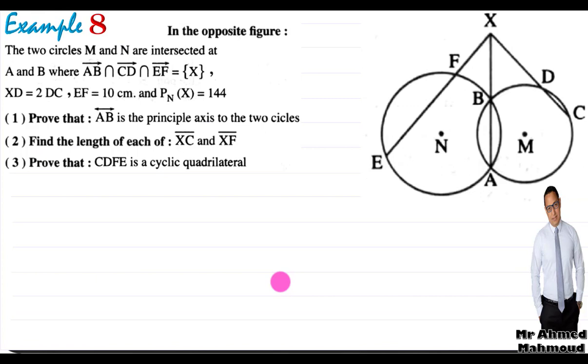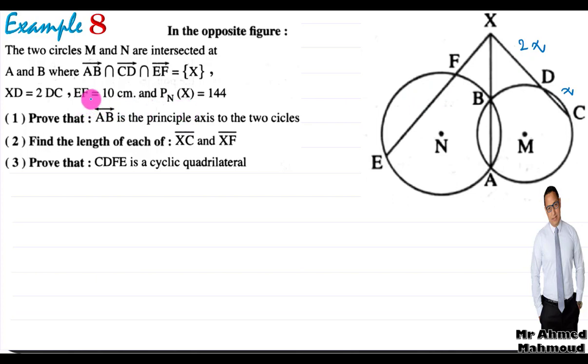In this example, two circles M and N intersect at A and B. XD equals double DC. So, for example, if this one is DC equals x, then XD equals 2x.